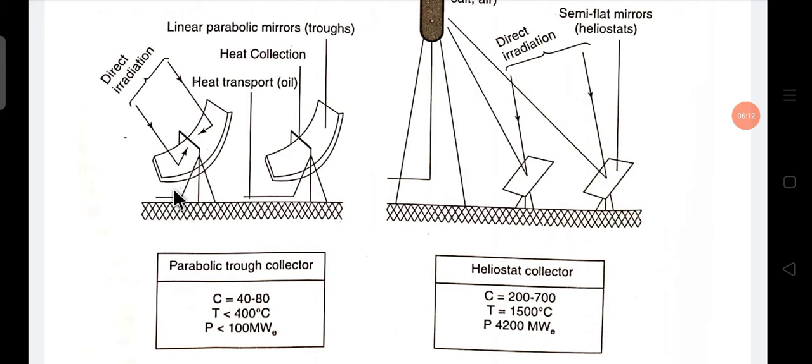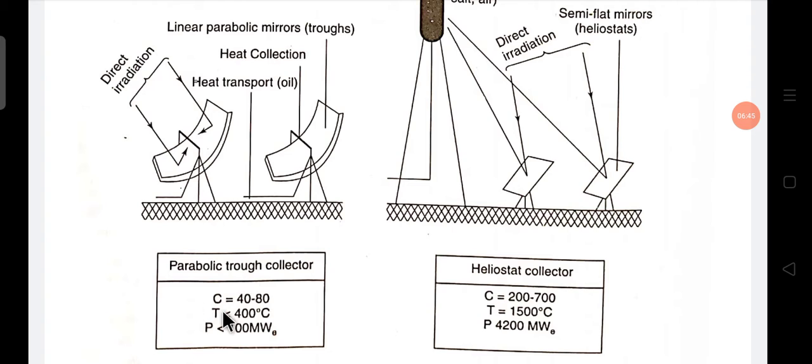That heat collection fluid may be oil or water or anything, and flowing through the absorber it transports the heat from the absorber to the destination. Here only direct radiation is used; it is reflected to the absorber through the parabolic mirror.